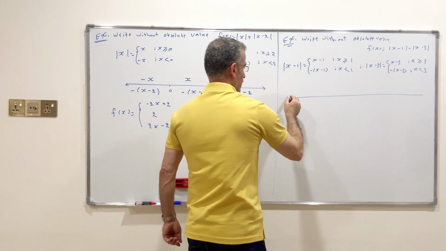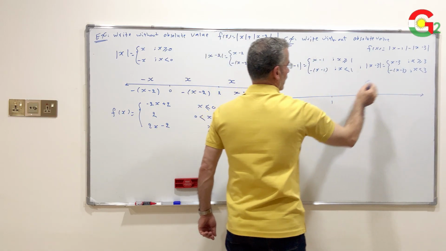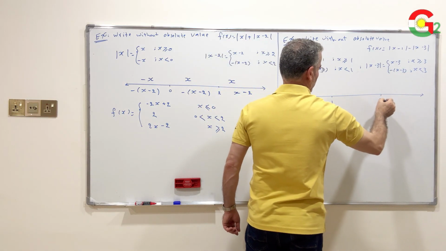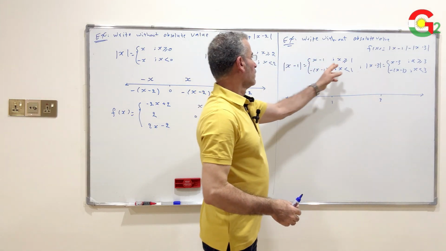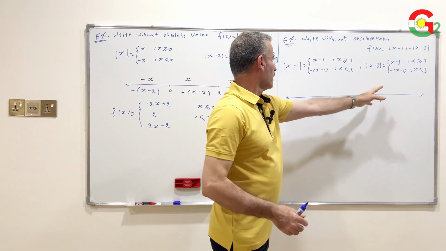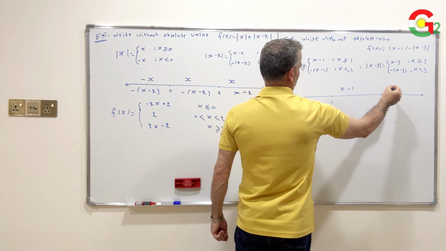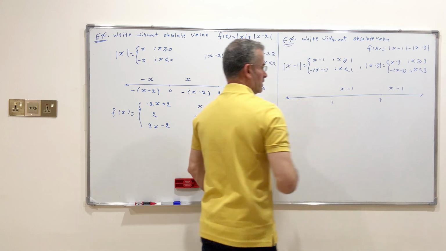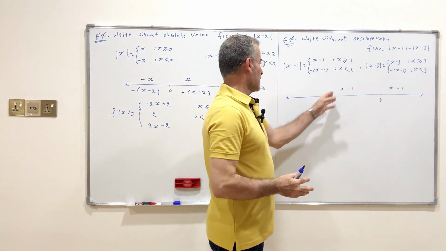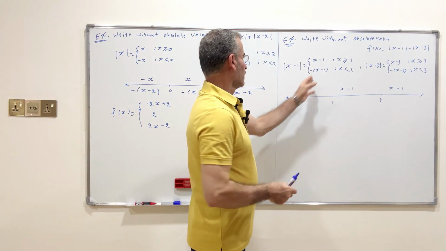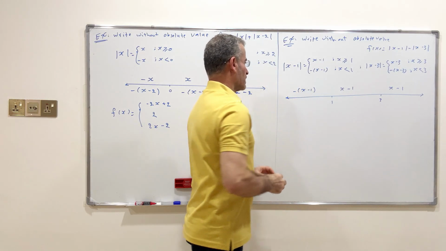Go to the number line, set the joint points 1 and 3. For the first absolute value, when x is greater than 1, from 1 to infinity, the function is x minus 1, instead of absolute value x minus 1. When x is less than 1, from negative infinity to 1, the function is negative bracket x minus 1.